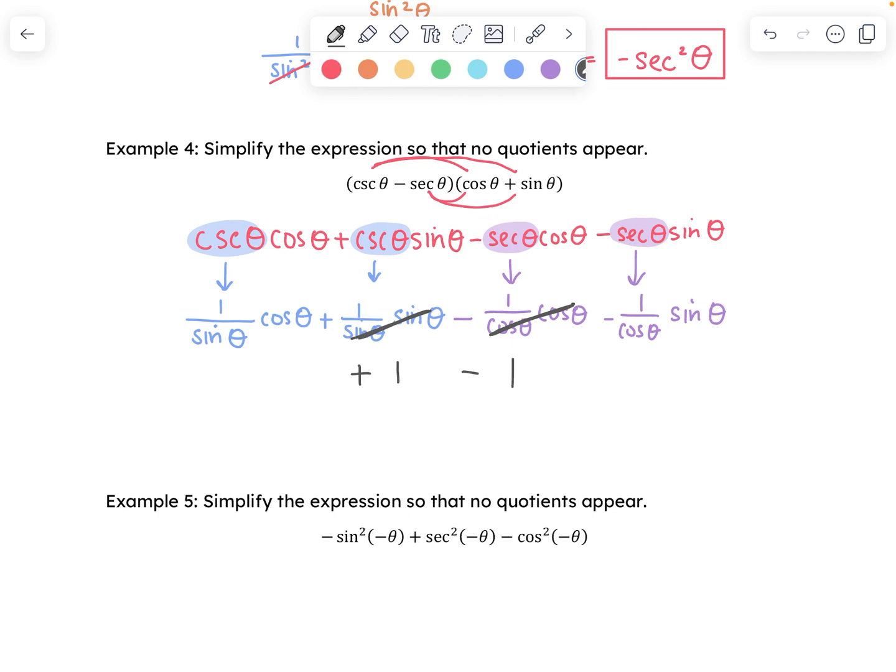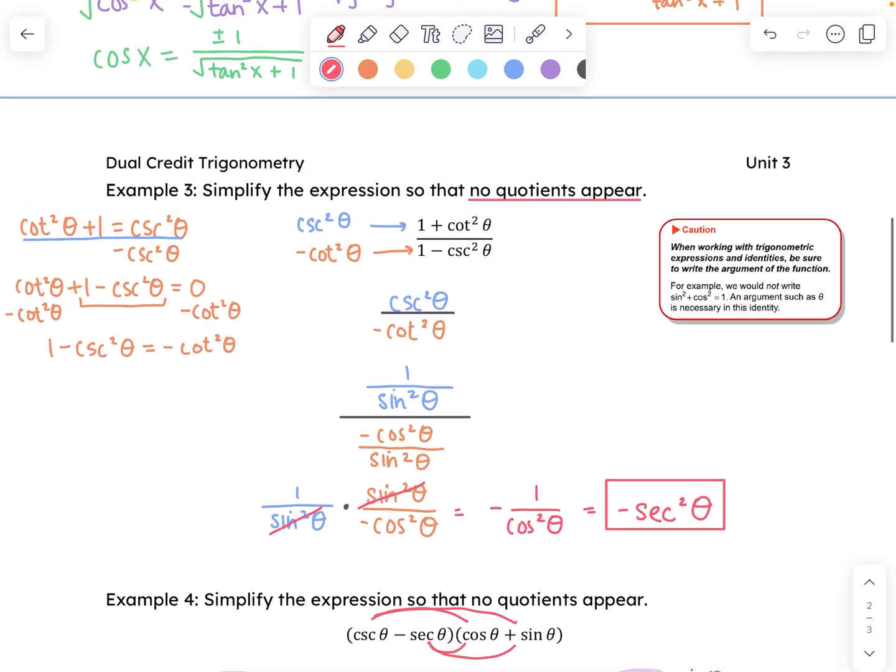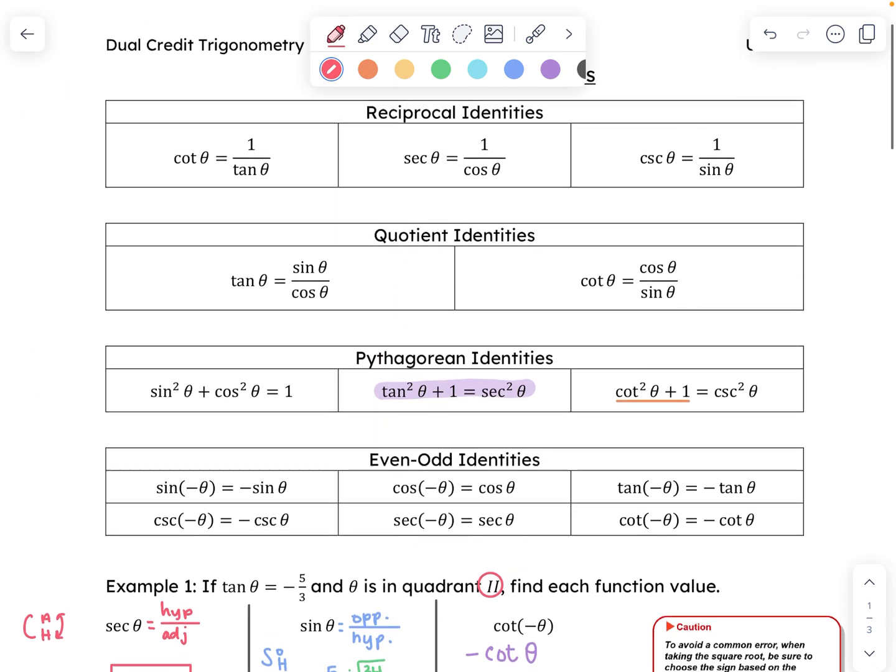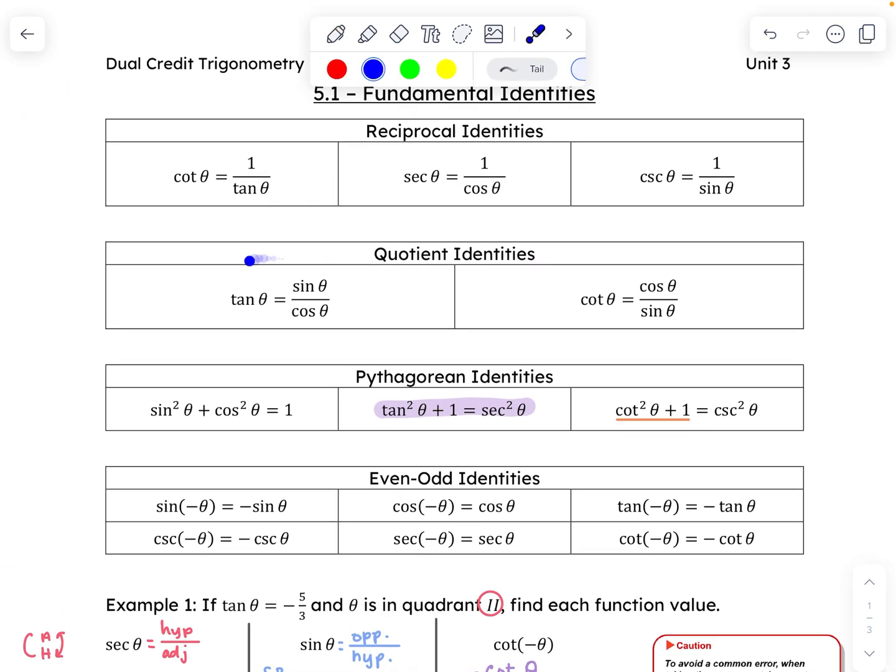We also can simplify this part. It's going to give me a cosine theta over sine theta. And this one is minus sine theta over cosine theta, which if you look at your identities, will be your quotient identities.